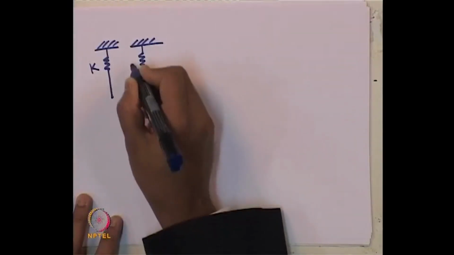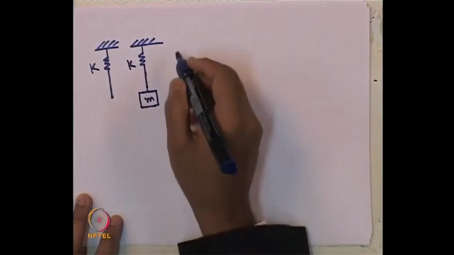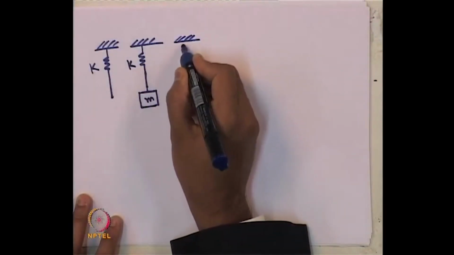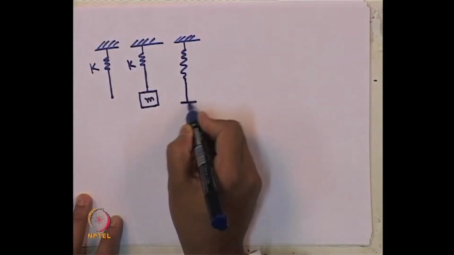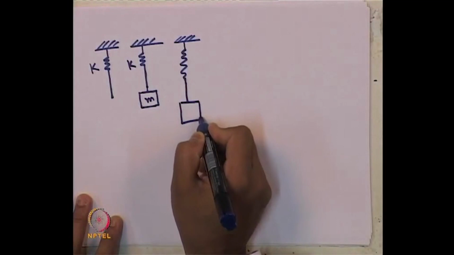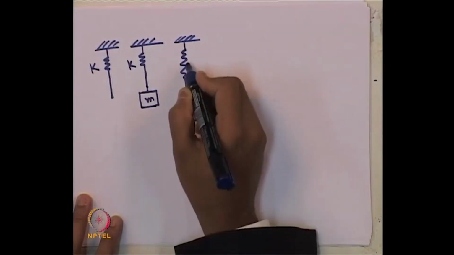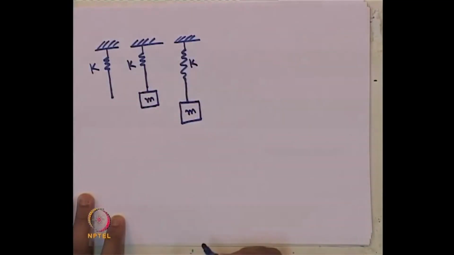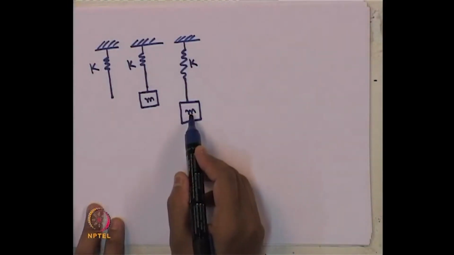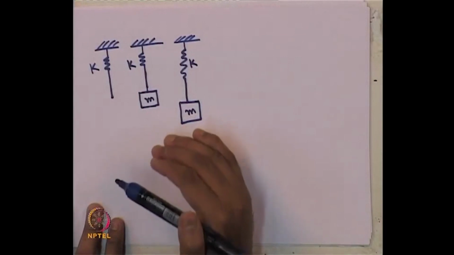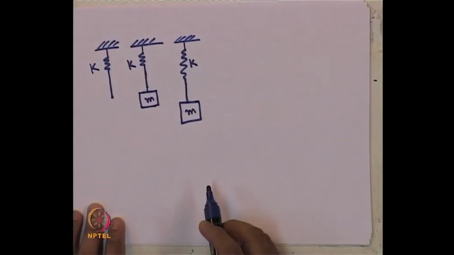Due to its own weight, it comes down to this place by expanding the spring. So, this is the new position after it attains its static equilibrium condition.